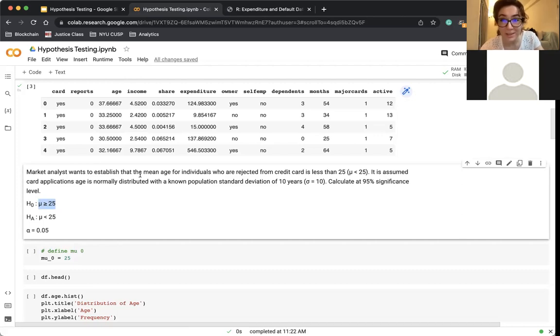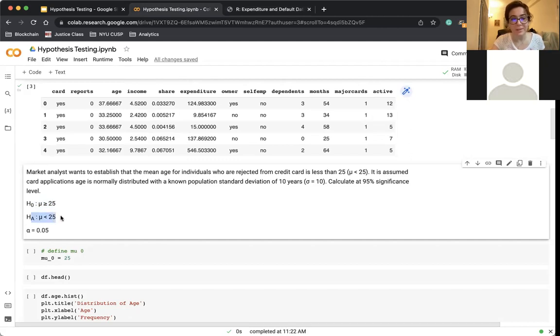In order to test this, we break it down into a null and alternative, where the null would be the default of saying that there is no relationship between being less than 25 and the probability of being rejected. This is our default of saying, no, jelly beans don't cause acne, the person is innocent. I'm just bringing back all the examples we've covered so far.